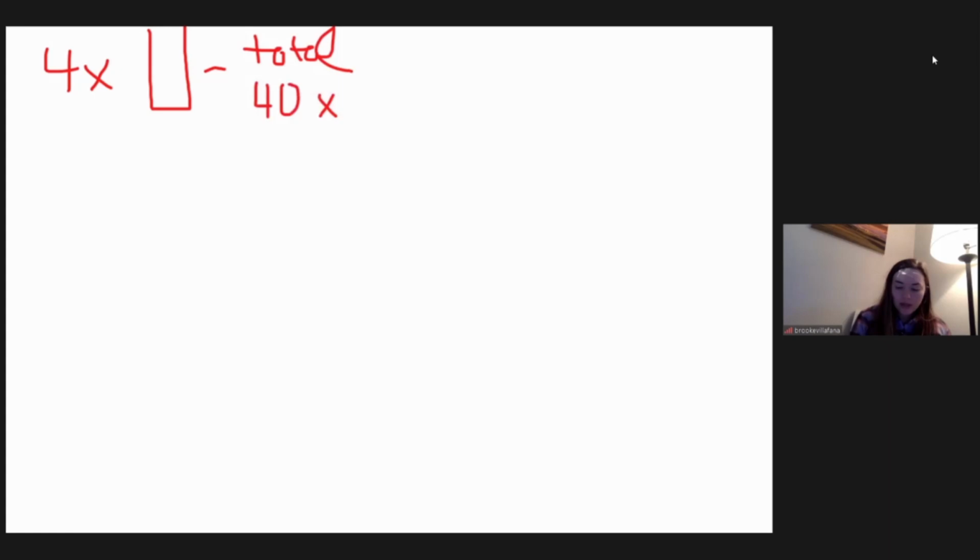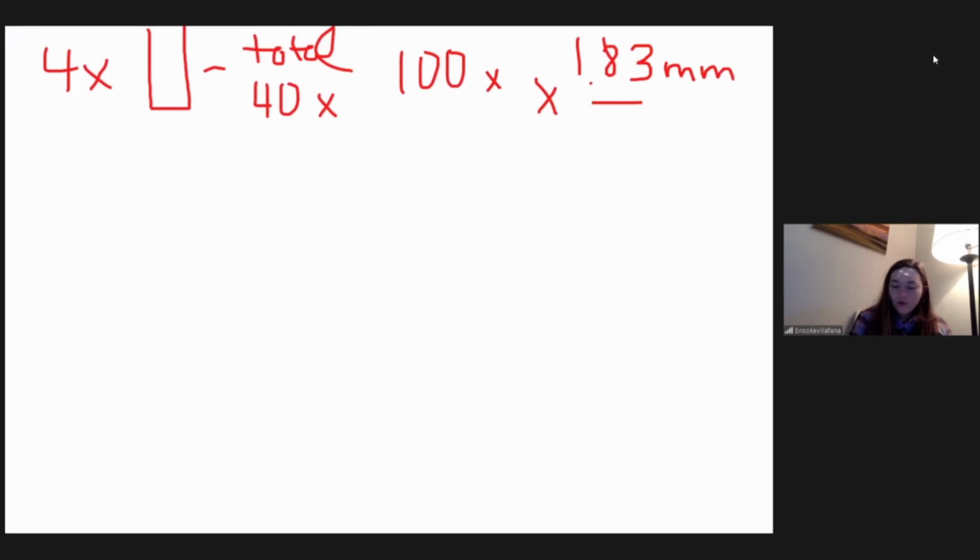So when you plug that into your equation, 100x times 1.83 millimeters, this is our field of view formula, over 40x, you're going to plug all of that in. You can just take this x out because they kind of cancel.